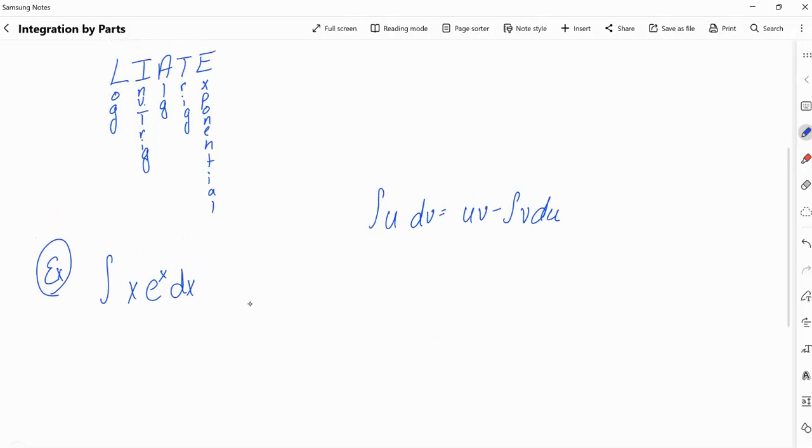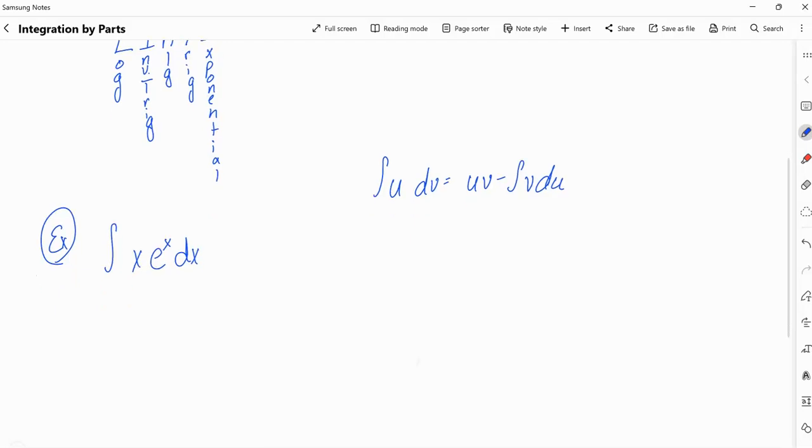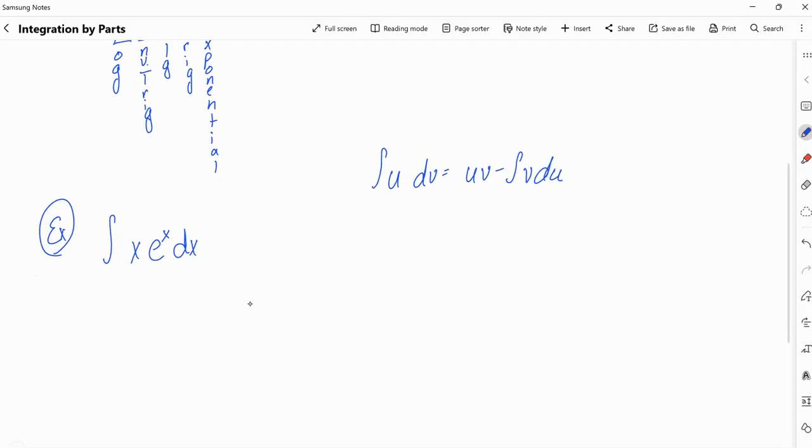If we go through that list, we do not have a logarithmic or an inverse part, but we do have an algebraic part. And what that means is you have some kind of x to some power function. So let's let u be x. Then dv is going to be what's left over, and dv would end up being that e to the x dx.